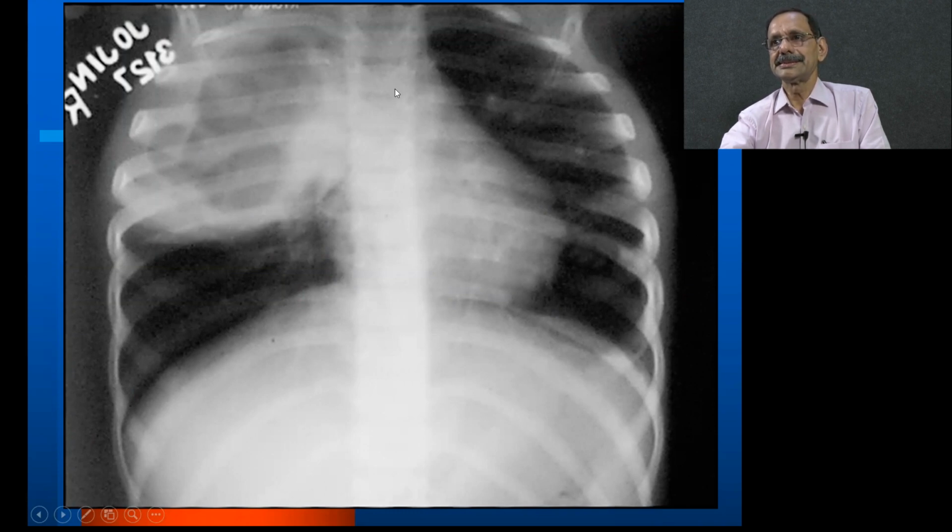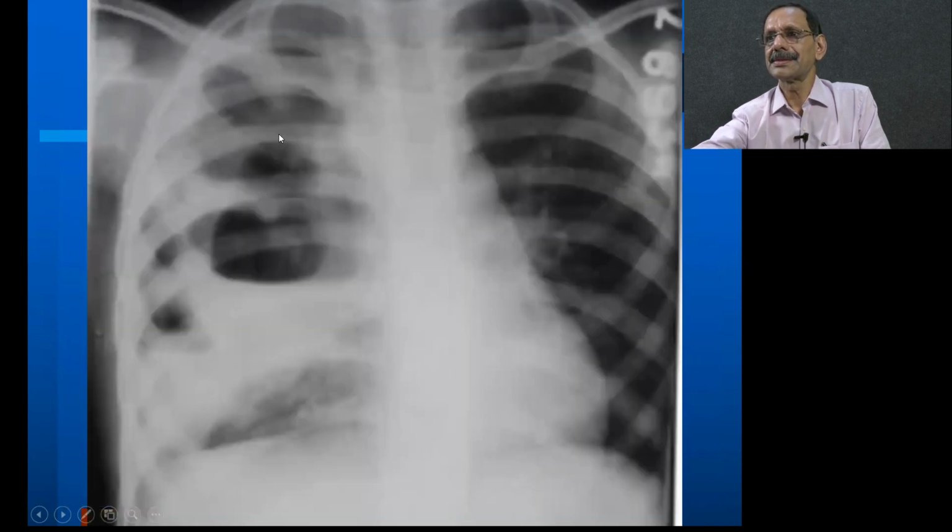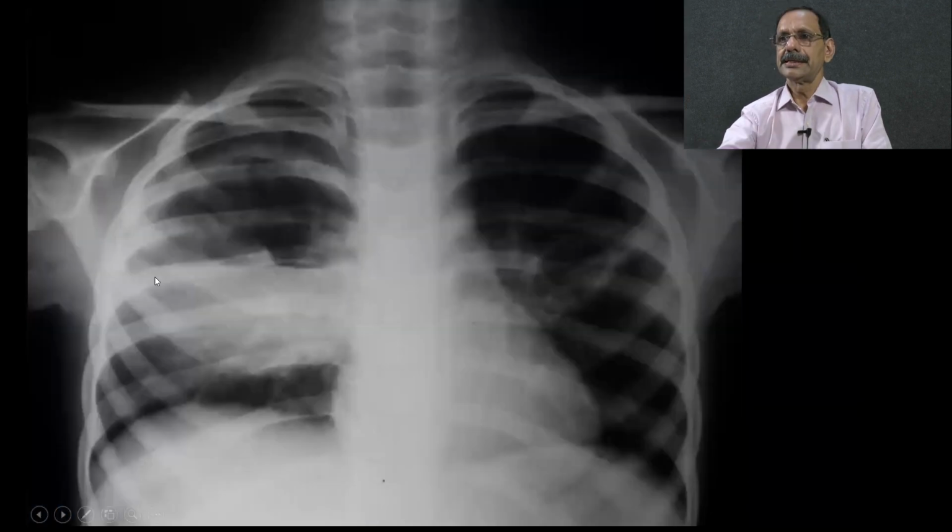So what we can say is this is a necrotizing pneumonia involving the right upper lobe. In a child, the commonest etiology will be staphylococcal, and this is another staphylococcal pneumonia with many areas of small abscess.